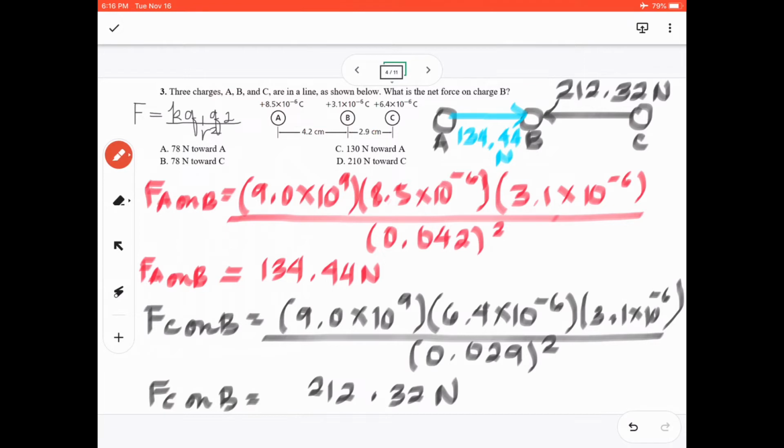But what's the direction? The direction is basically this: this is a larger number, therefore it has a greater push than this one. Therefore, the answer will be 78 newtons towards A. So this is our answer, letter A.